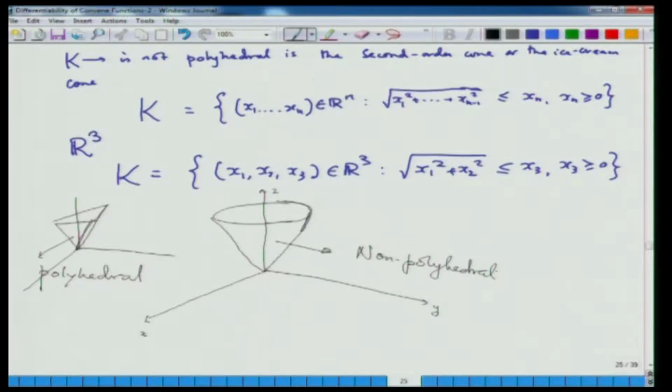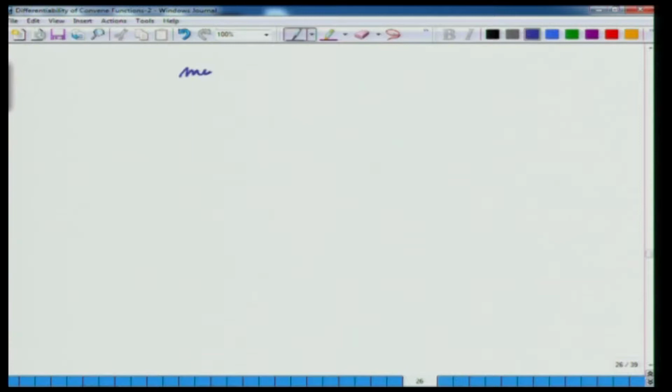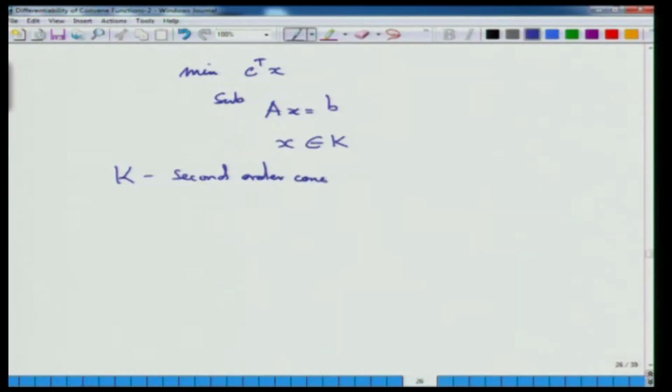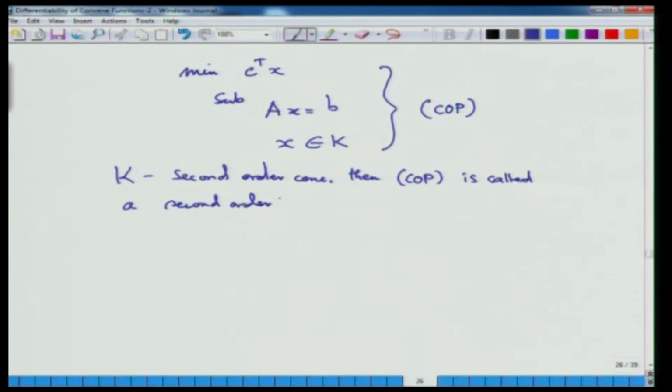So, when I put K equal to this, when I have a conic programming problem where I put minimize C transpose x subject to Ax equal to b and x is an element of K, where K is the second order cone, then this problem, if I call it conic problem or COP, is called a second order conic programming problem, SOCP.